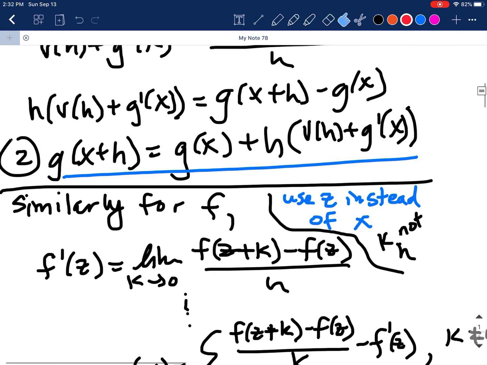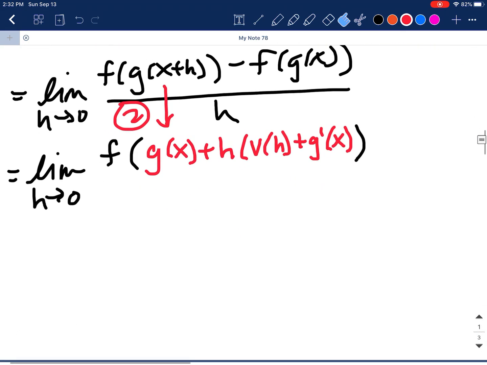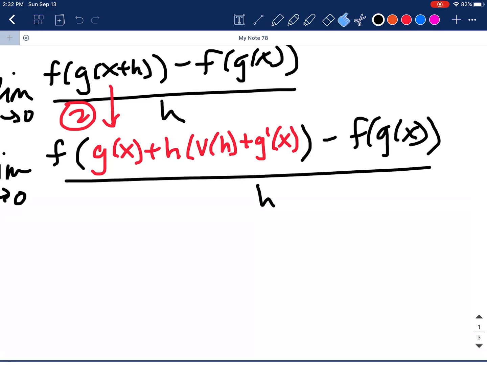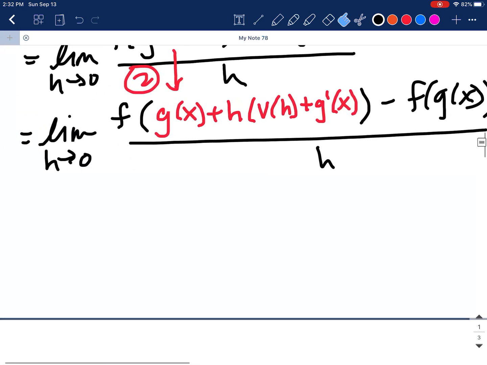So again, from above here, equation 2. So we're just putting that back in there, and then we'll keep everything else the same. So minus f of g of x all over h. And now we're going to make a convenient substitution.